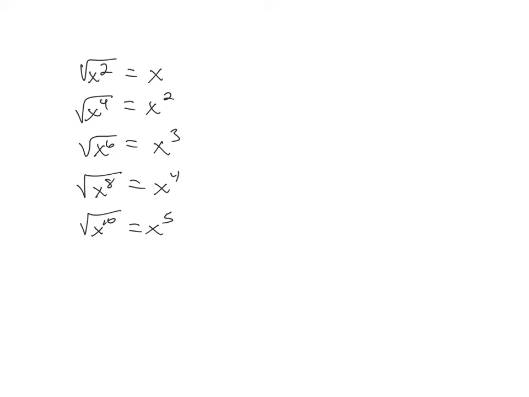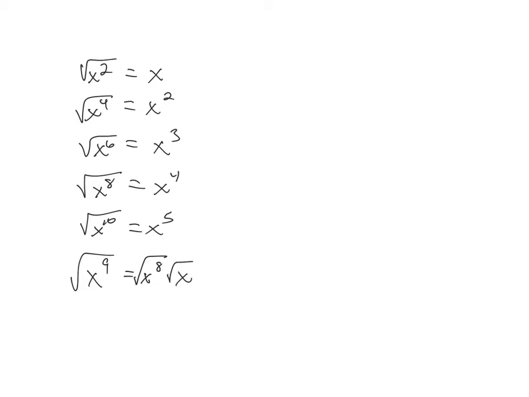So if I had a problem that was x to the 9th power, well, I'm not going to put 4.5. We don't put decimals in an exponent. So how I'm going to do that is I'm going to put 1 less. 1 less than 9 is 8.